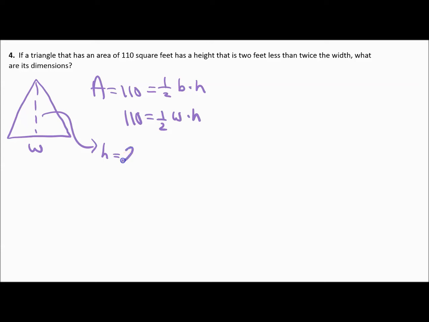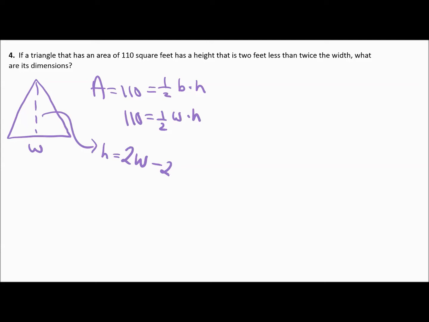So I have to do twice the width, and then I have to minus 2. Okay, so again, think about it. When you say something's less than, like if I say 5 less than 8, the answer's 3, because you do 8 minus 5. This is the same story. When you say less than something, that means you subtract that thing on the outside.